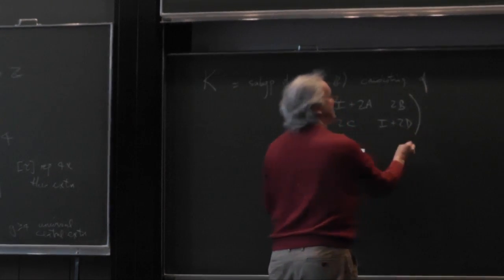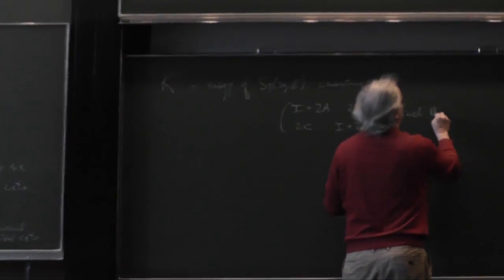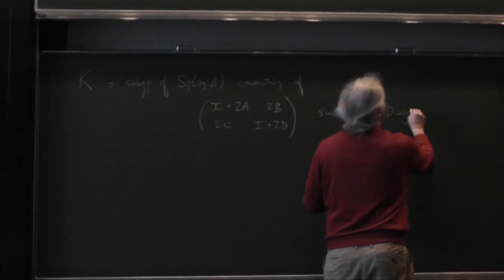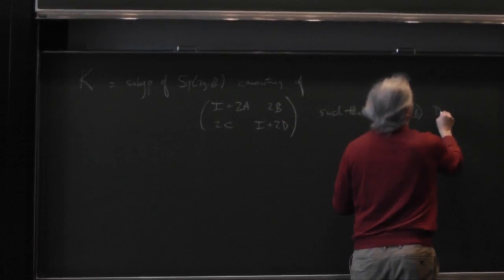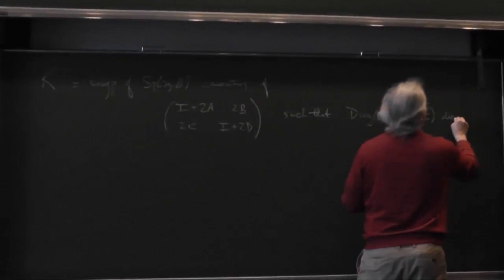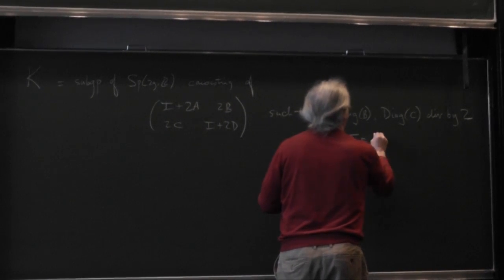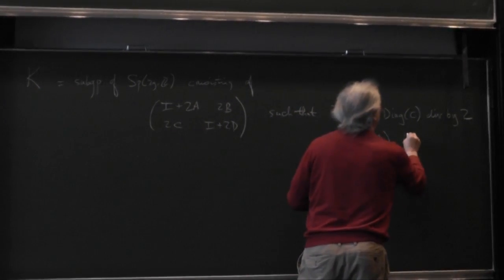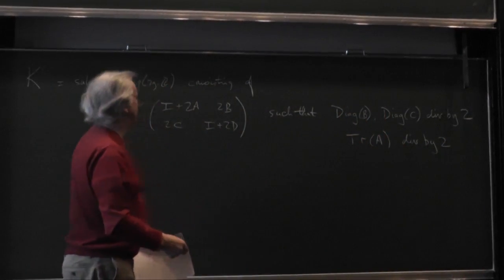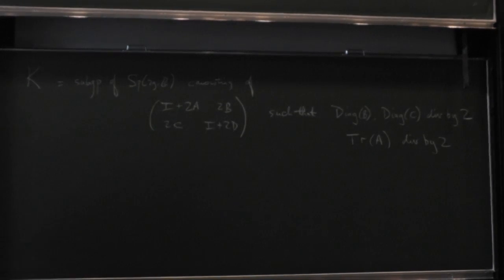So they're in Gamma(2), but such that the diagonal elements of B and the diagonal elements of C are divisible by 2, and the trace of A is also divisible by 2, which is actually the same as saying that the determinant of I plus 2A is divisible by 4.